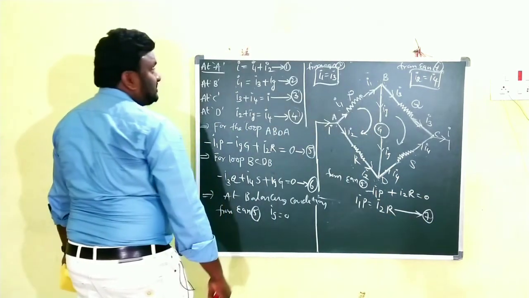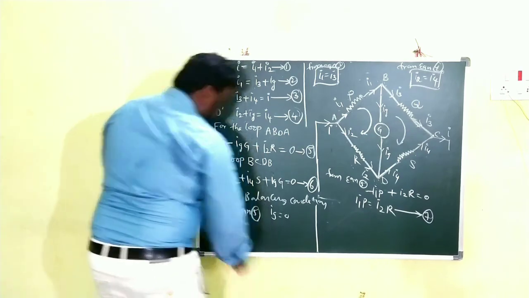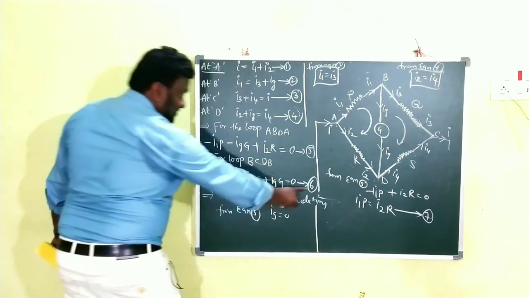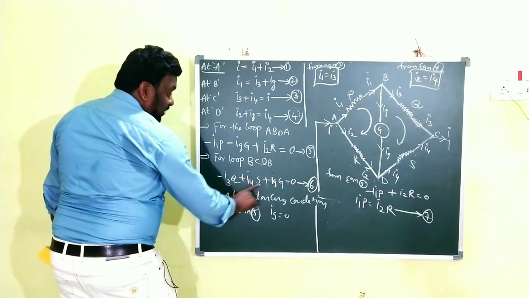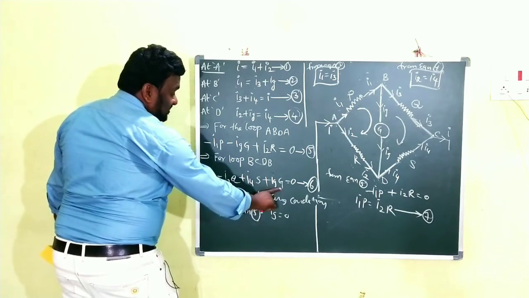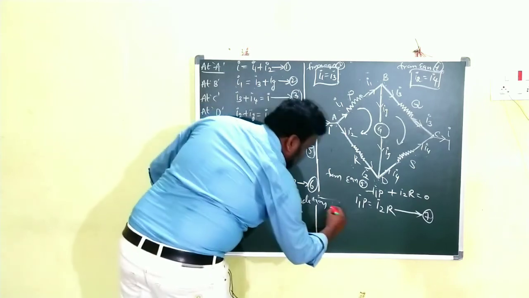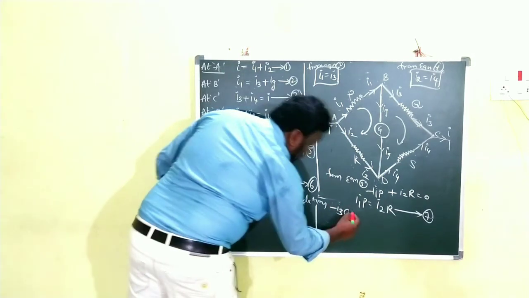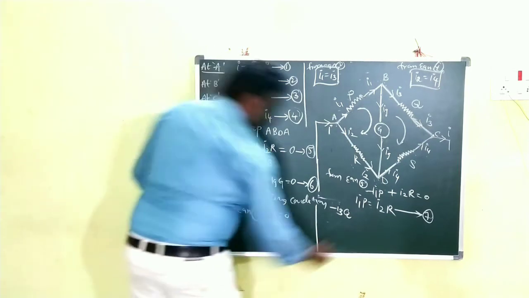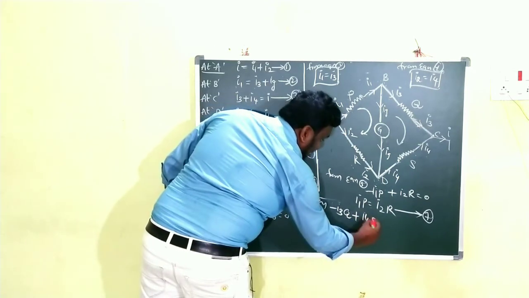Okay children, next similarly, from equation number 6: minus I3Q plus I4 into S plus Ig into G. That means what we get: minus I3Q plus I4 into S is equal to 0.